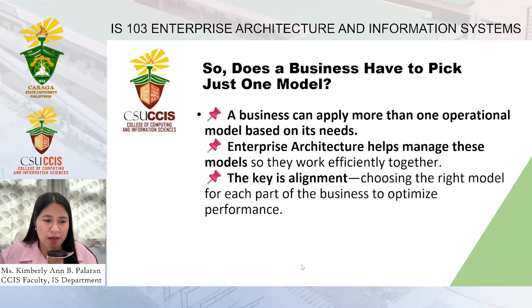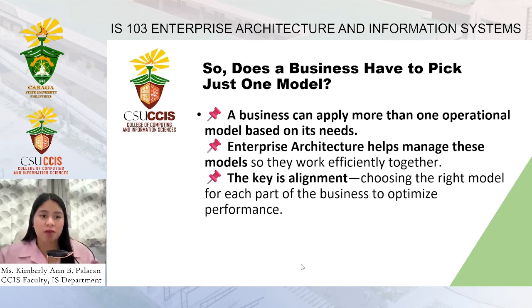So, they can apply two or more models according to what their business operation needs. So it is not wrong if they use more than one model. They can do that. Enterprise architecture helps manage these models so they work efficiently together. The key is alignment: choosing the right model for each part of the business to optimize performance.